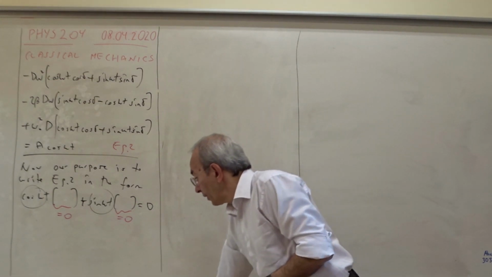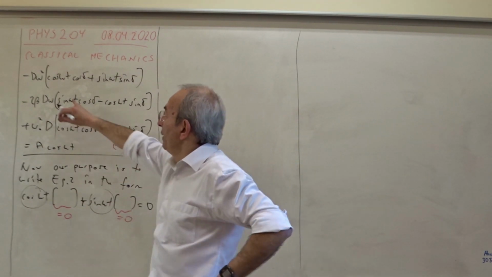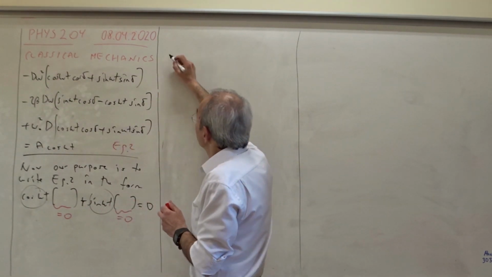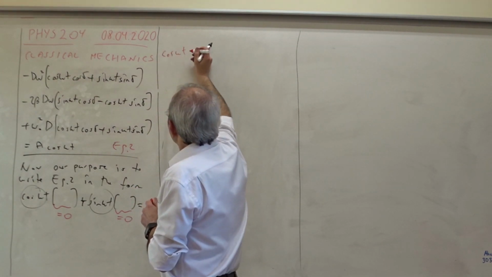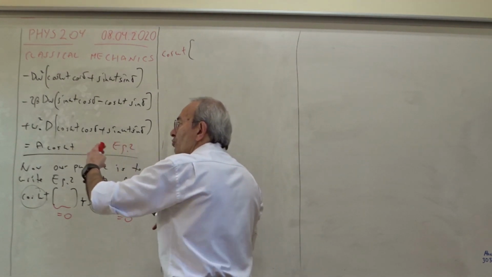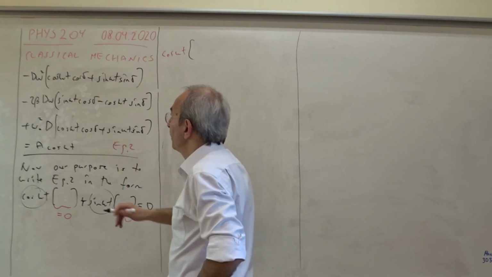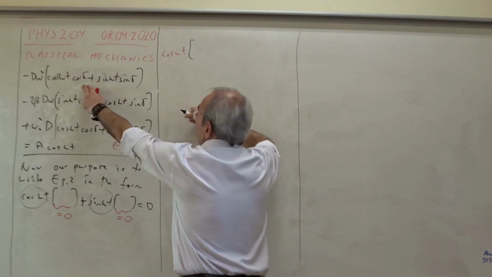Alright. Now let's collect the terms multiplied by cosine omega t. So let me just write cosine omega t first. Cosine omega t multiplied by what? Let's go slowly from the first line. From the first line we have minus D omega squared cos delta.